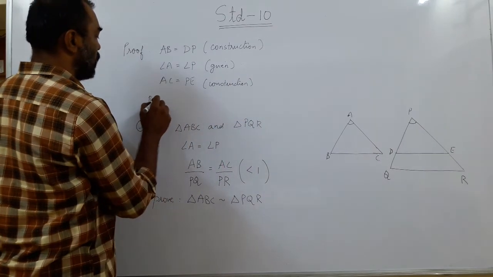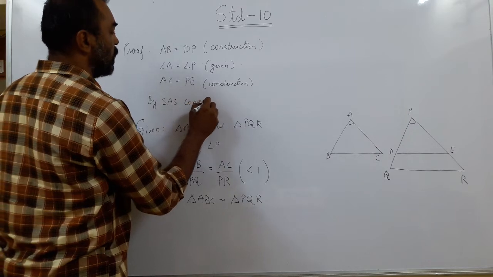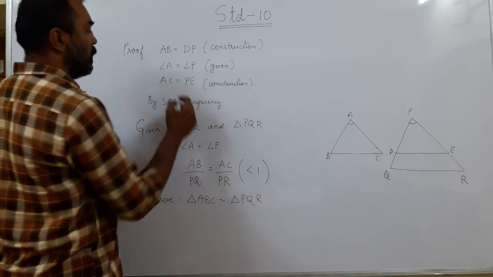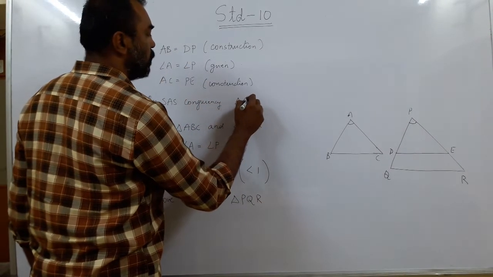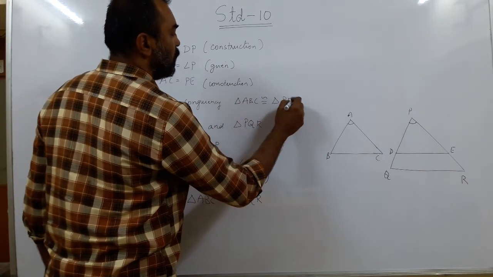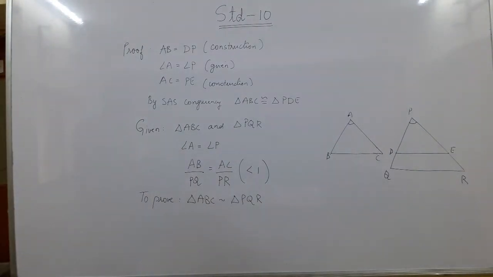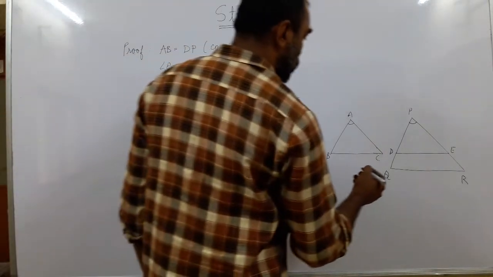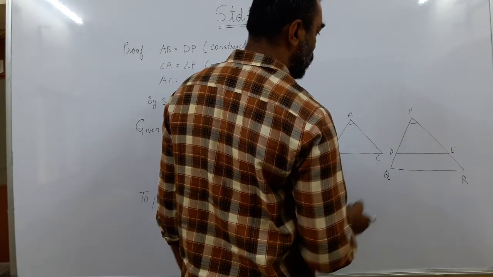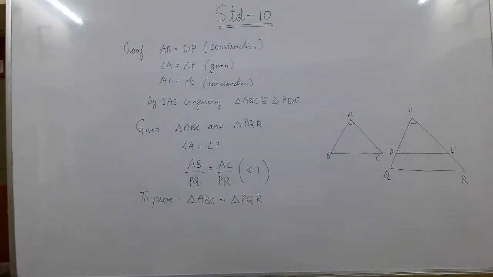So by SAS congruency criteria, because they are equal, triangle ABC is congruent to triangle PDE. Yes? But because it is congruent, what happens? Because it is congruent, the ratio will become equal.